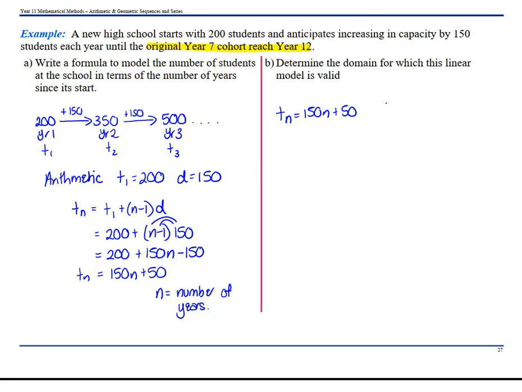It's going to go from N equals 1 up to N equals 6, where N has to be an integer. Okay, that's the only time it's valid. We don't know what's going to happen outside of that. Other way of writing it is 1 is less than or equal to N, which is less than or equal to 6. That's our domain.